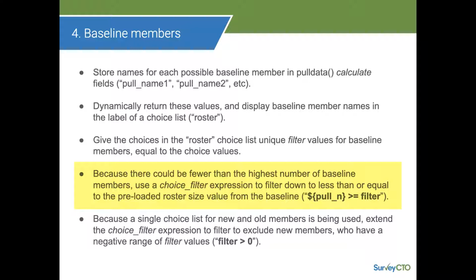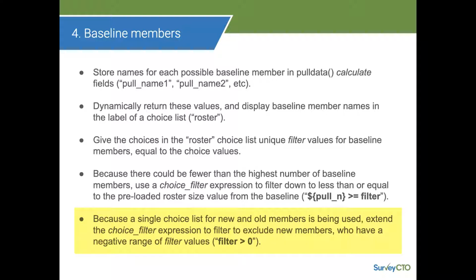The trick then is to filter the choice list down to the actual size recorded in the baseline using the choice filter expression. That is why preloading the n value into the pull n field in the design is so important and useful. So for this reason, the choice filter expression in the design includes pull n is greater than or equal to filter.